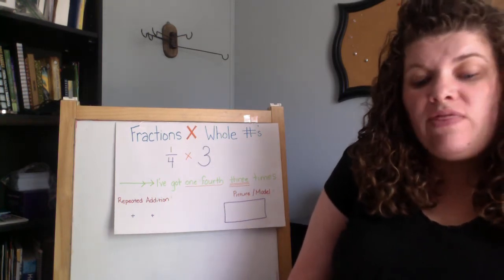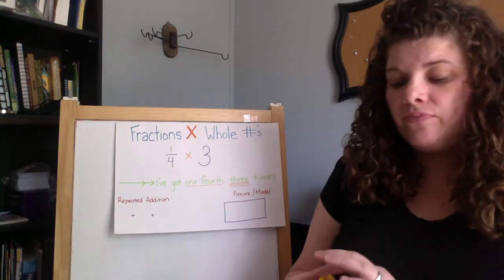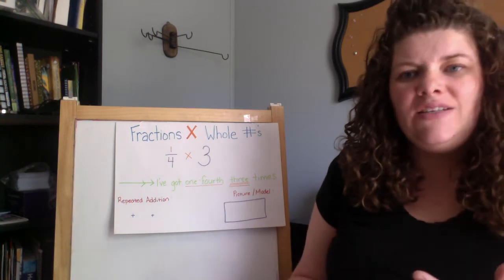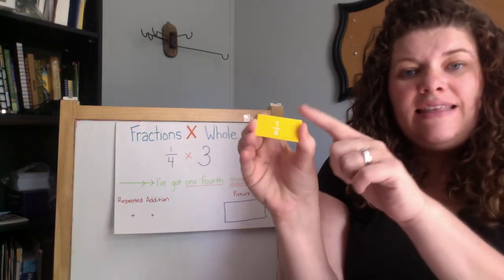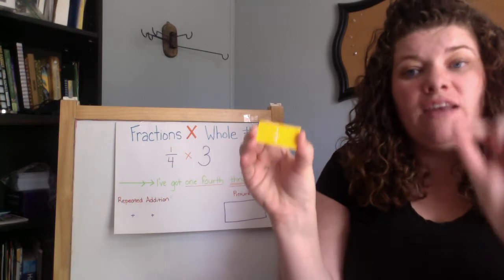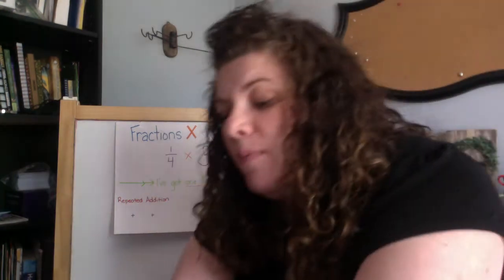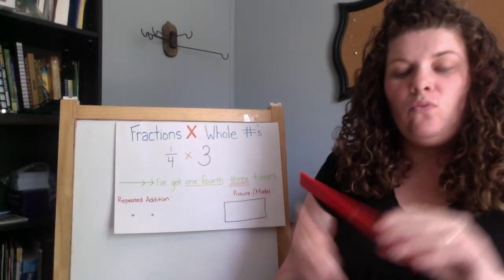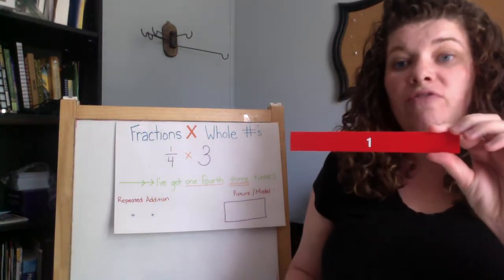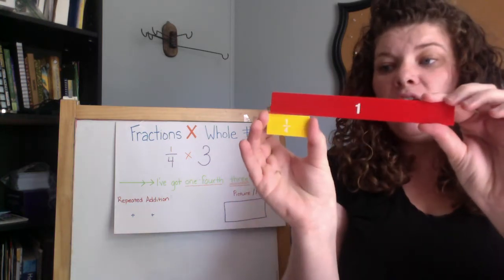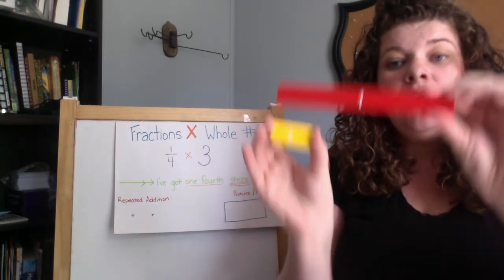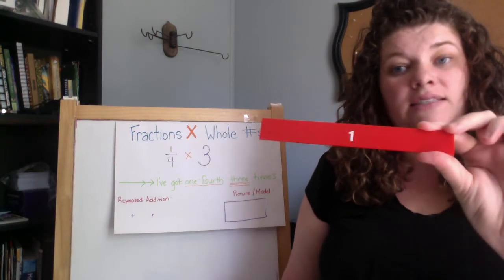So one thing I want to show you is if we're thinking about what is 1/4, it's anything where it would take 4 of them to make a whole. So I have a block here that is one whole block. One whole. And what 1/4 means is it would take 4 of these blocks to be the same length as this one whole.